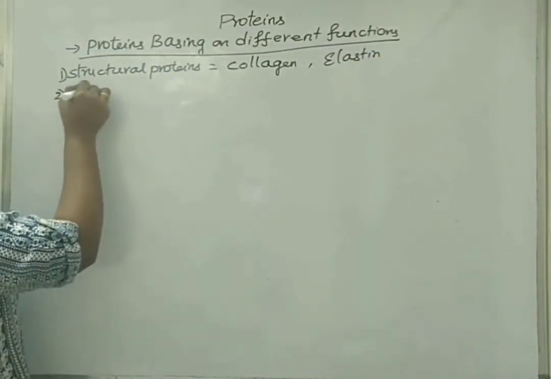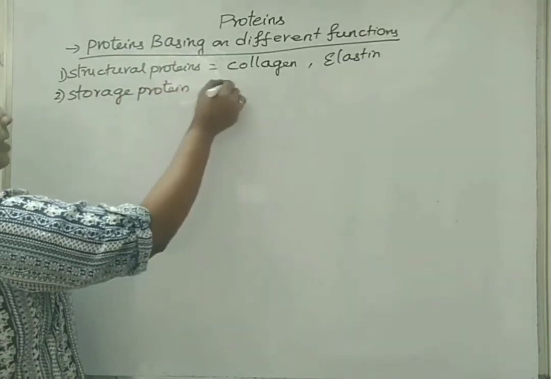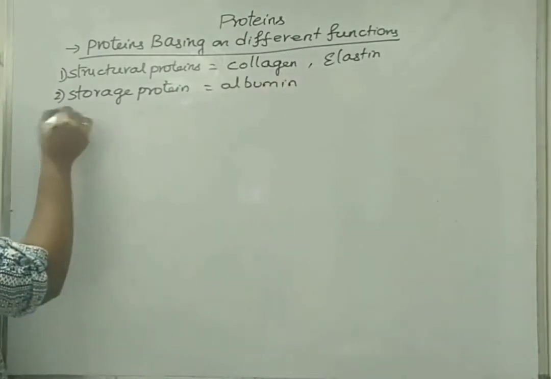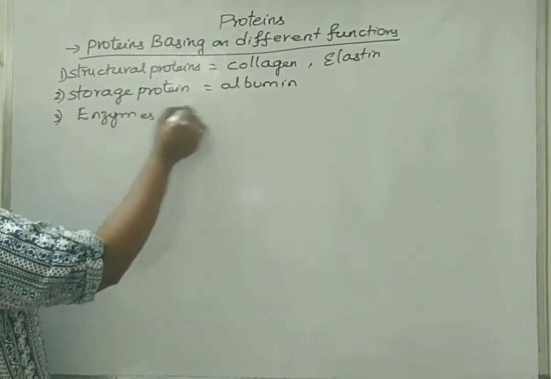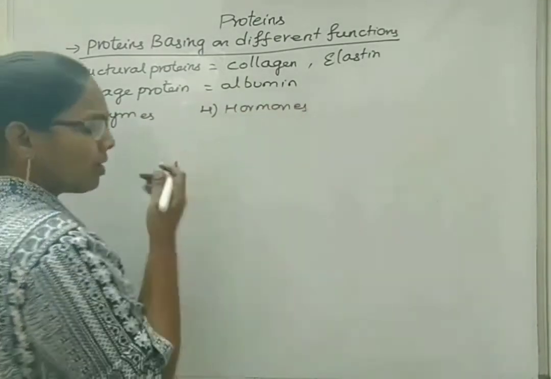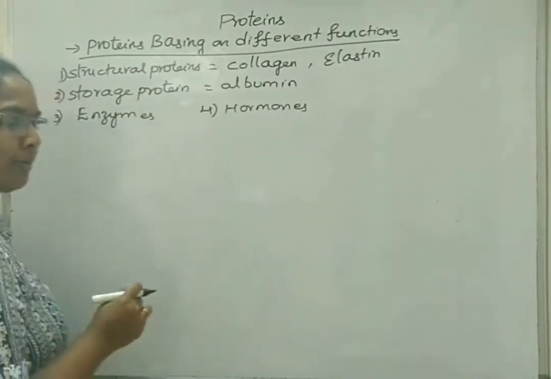Second, storage protein. Here we can give an example like albumin. Third one, enzyme forms. Fourth one, hormones. These enzymes and hormones are framed out from the tertiary structure of protein synthesis.